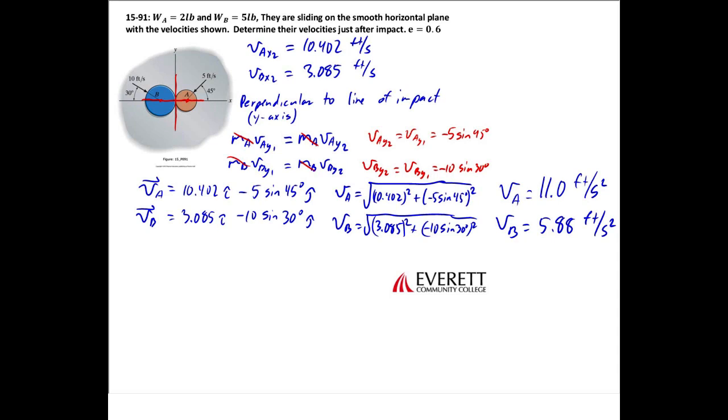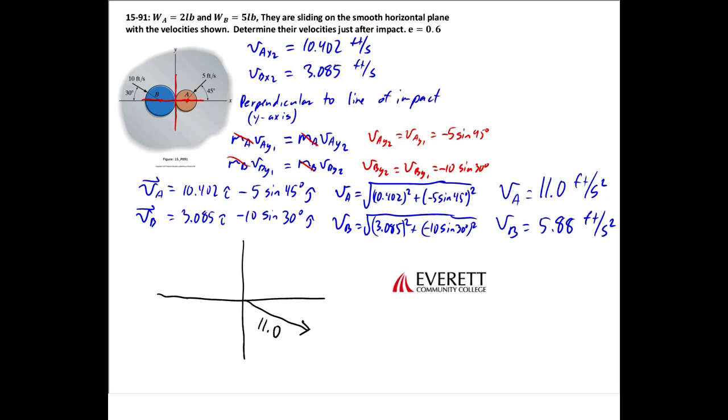Of course, you can also find the angle and the direction of these by plotting them. So we can say the velocity of A, we know it's going to be in the positive i direction and the negative y direction. So we're going to have our coordinate axes as we set up previously. We have x, we have y. The velocity of A is going to be something like that, where the magnitude is 11.0, and we have two components to it.